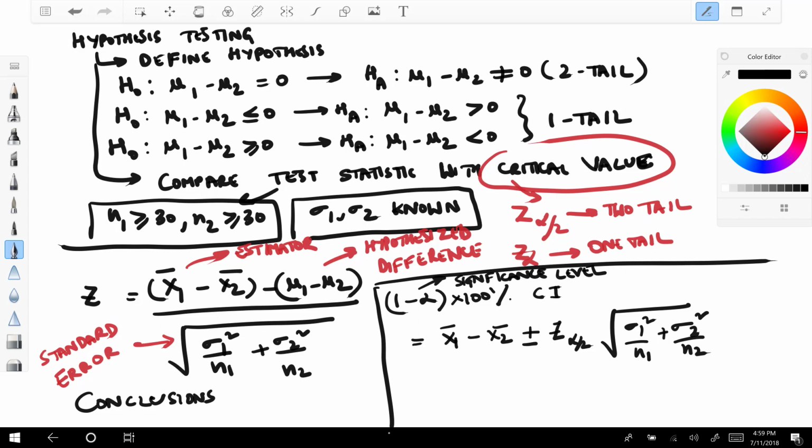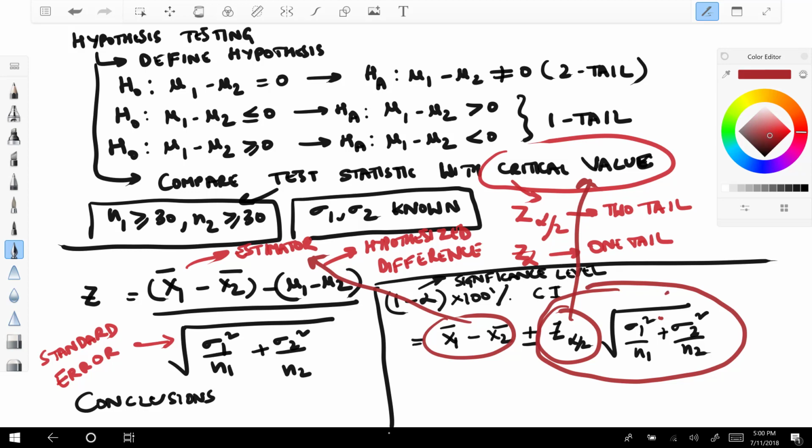So again, we have this as an estimator. This is the critical value. This is the standard error, and this whole thing is the margin of error.